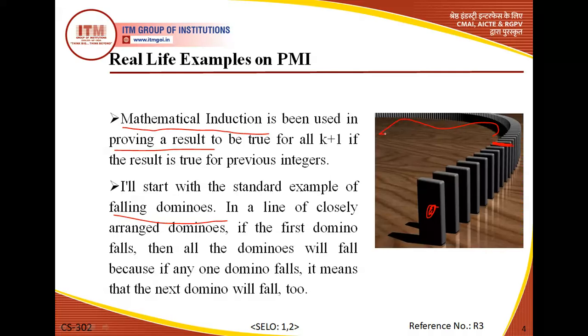Since the result is true for n equals 1 and n equals k, we can obviously prove this result for n equals k plus 1. This is what mathematical induction says, which is true over here also. So this is a very fun and very small example of PMI, but obviously PMI is applied to many more real life situations.